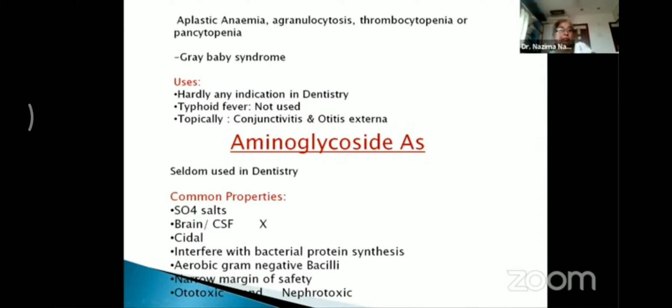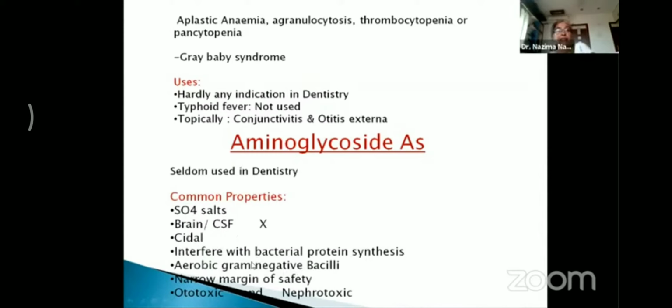They are available as sulfate salts. These drugs, you could be asked about the side effects and the common properties related to these drugs. So these drugs are available as sulfate salts. They do not penetrate the brain or the CSF. They have a bactericidal action, and they act on the gram negative bacilli.